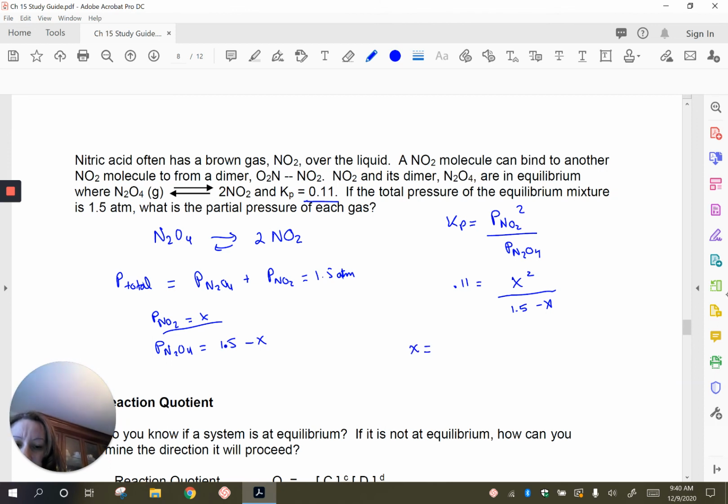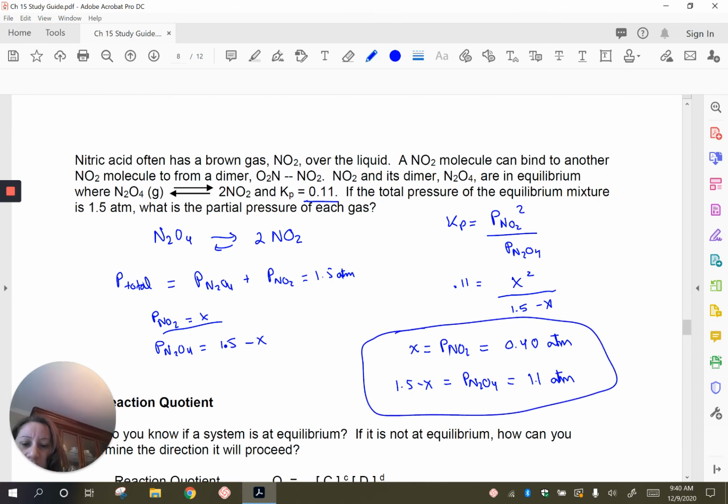And X is going to be, I chose that to be my partial pressure of the NO2. You solve for X, you get 0.4. I believe it's 0.40 atm. And then 1.5 minus X is the partial pressure of the N2O4. So 1.5 minus that is 1.1 atm. And those are my answers.